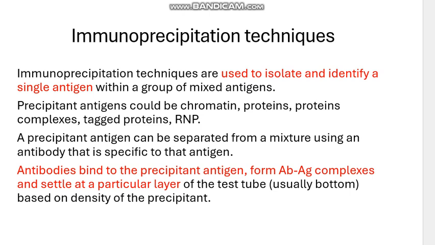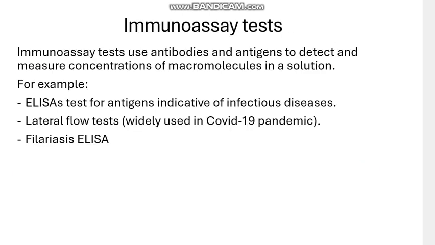A precipitation antigen can be separated from a mixture, like the blood, using an antibody that is specific to that antigen. So obviously that antibody is going to target that antigen, and it's going to make it heavier because they're going to form an antigen-antibody complex. And then these complexes are going to settle at a particular layer in the test tube, usually at the bottom, because these complexes are going to be heavier than other stuff in the blood.